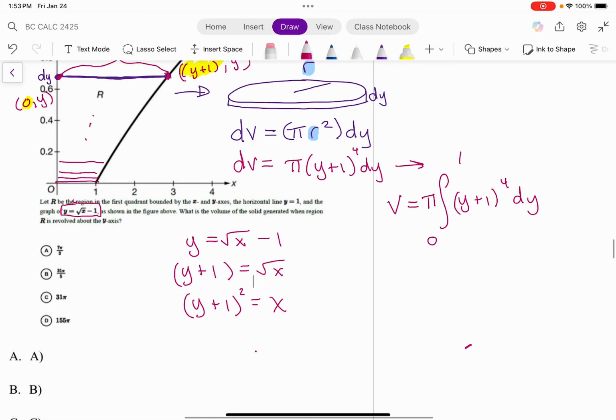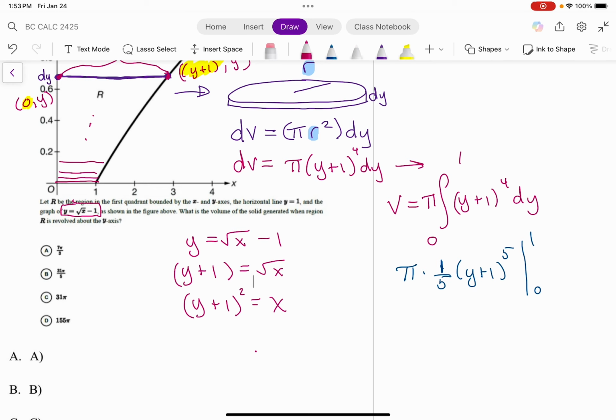If you look, they actually want us to compute it, so we're going to use the fundamental theorem. This is pi, and then the antiderivative of (y plus 1) to the 4th is 1/5 (y plus 1) to the 5th, evaluated from 0 to 1.